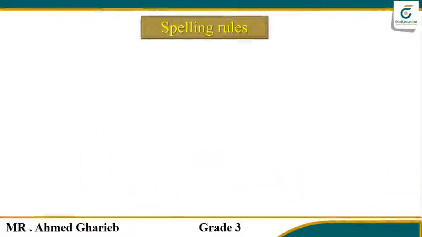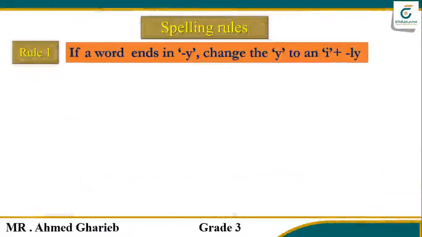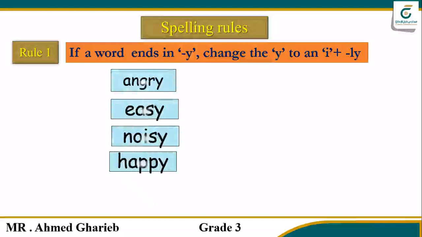Let's talk about some spelling rules when we form adverb of manner. Rule number 1. If a word ends in y, what do we do? Change the y into i, then we add ly. Let's see some examples. Angry, easy, noisy, happy. All of them end in y, as you see. What do we do?